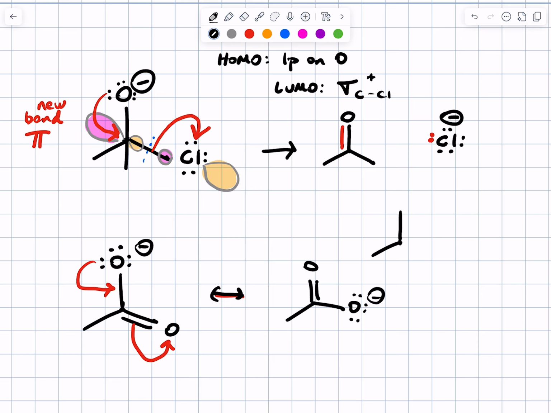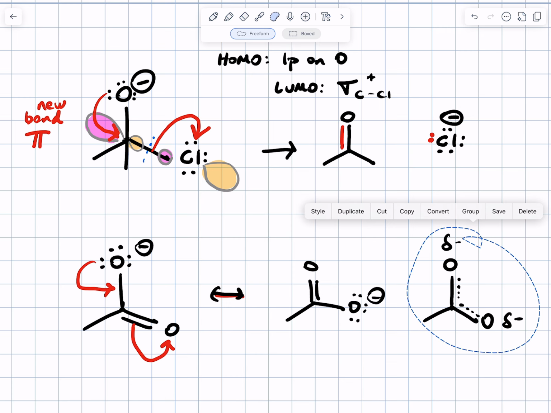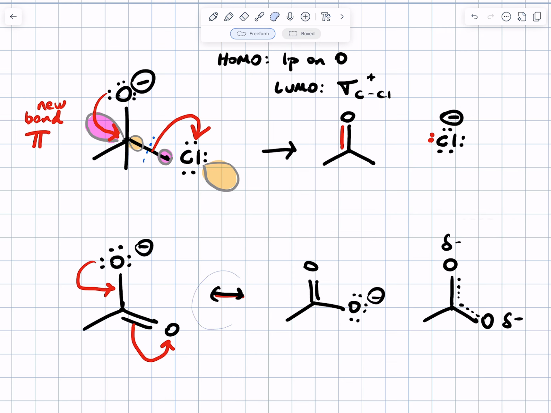Instead, this molecule is actually a hybrid structure that looks like this, with partial double bond character between the oxygens and partial negative charge on both of the oxygens. Yes, and also this double-sided arrow. Yep.